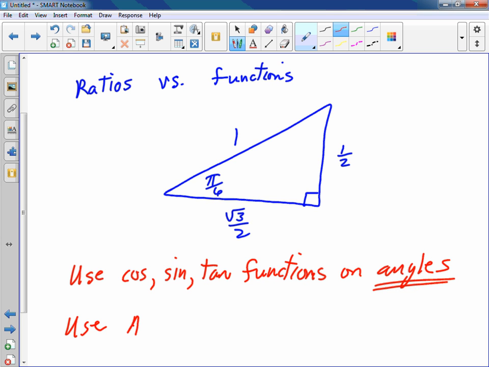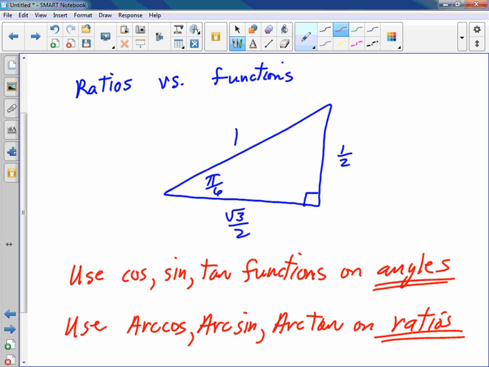Use arc cosine, arc sine, and arc tan on ratios. Okay? Because a lot of people are still not getting that. I'm going through checking those chapter 9 tests, and people are getting them mixed up.